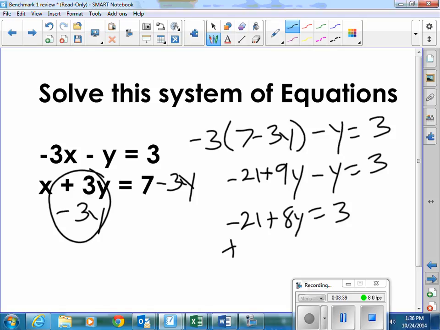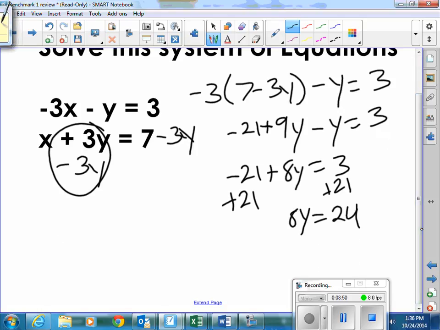Solving, add 21 to each side. 8y equals 24. Well, if 8 of them is 24, then that must be 3.